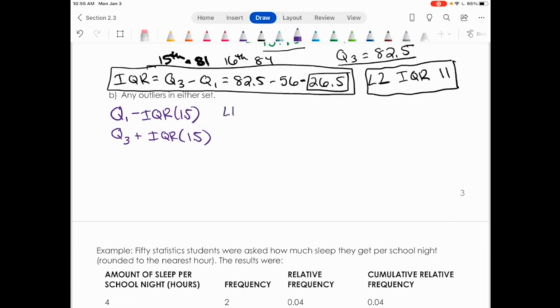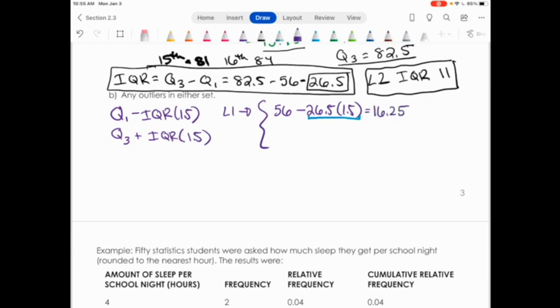So for the first data set, which we put in list 1, we're going to take our Q1, which is 56, and we're going to subtract our interquartile range, which was 26.5, and multiply that by 1.5. Using order of operations, don't forget you need to do this first, 26.5 times 1.5 first, and then subtract from 56.